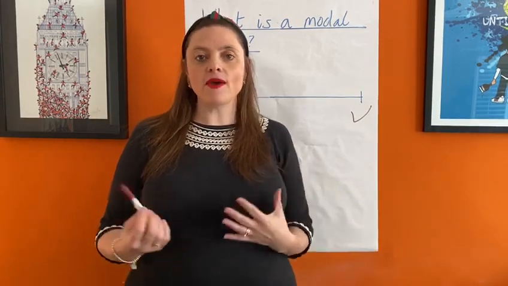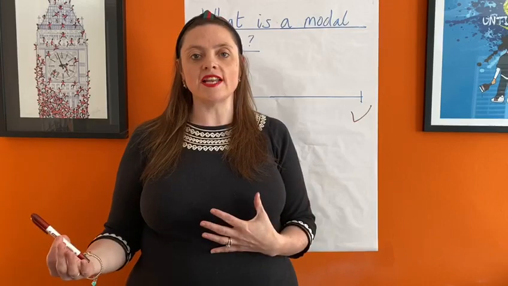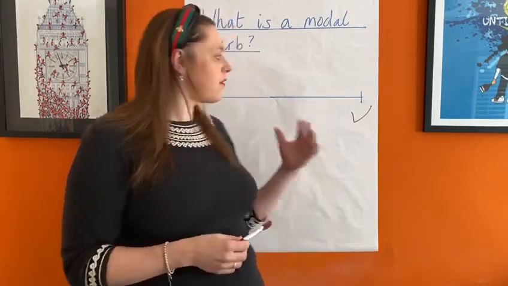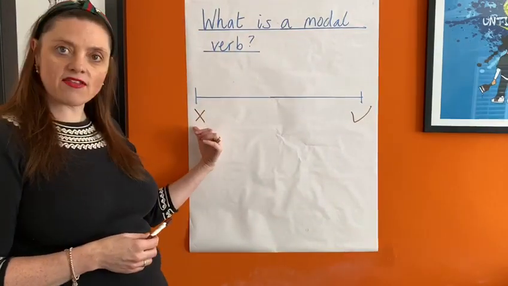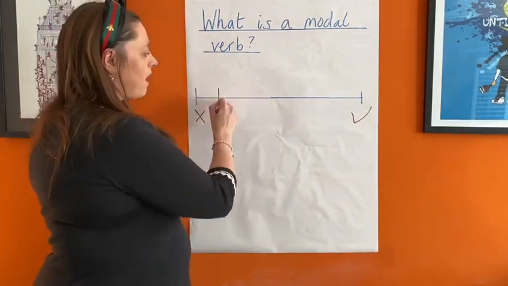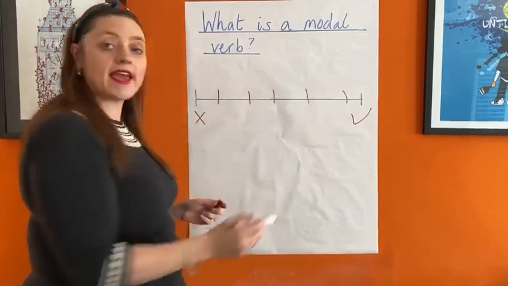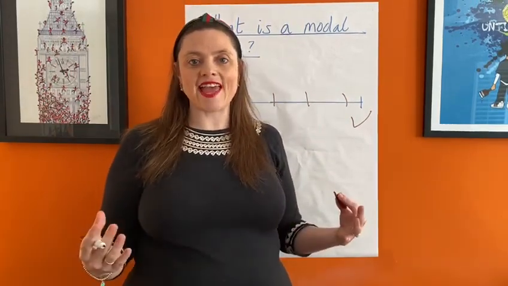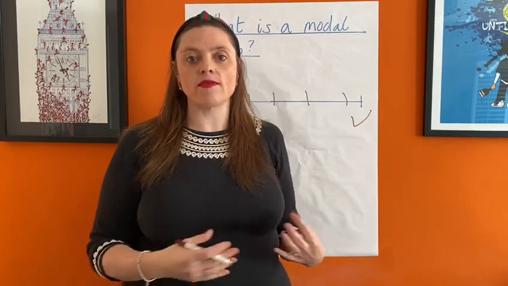So if we were thinking about what's possible and what's certain, they would be the sorts of language that would indicate possibility. So on this scale of how likely something is to happen, we can plot some of our modal verbs along here, and that's something that really helps the children in my class understand scale of possibility or likelihood of something happening.